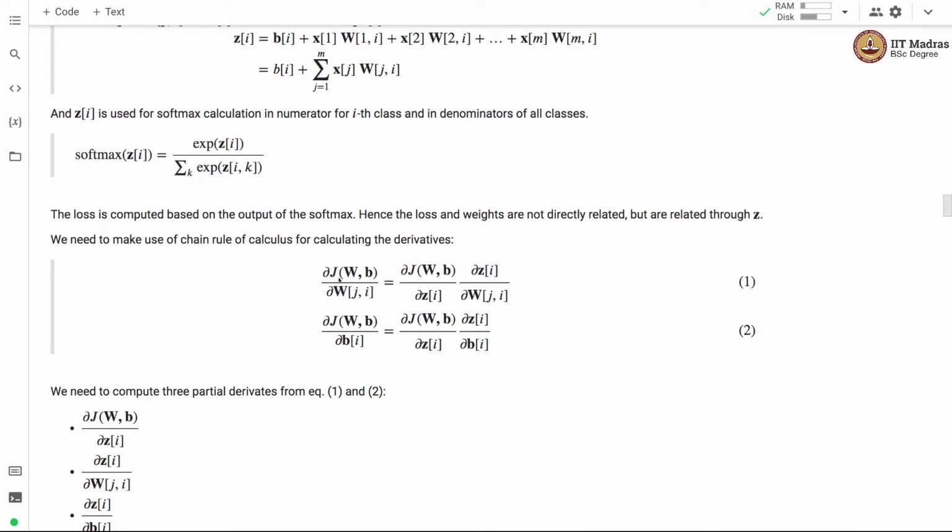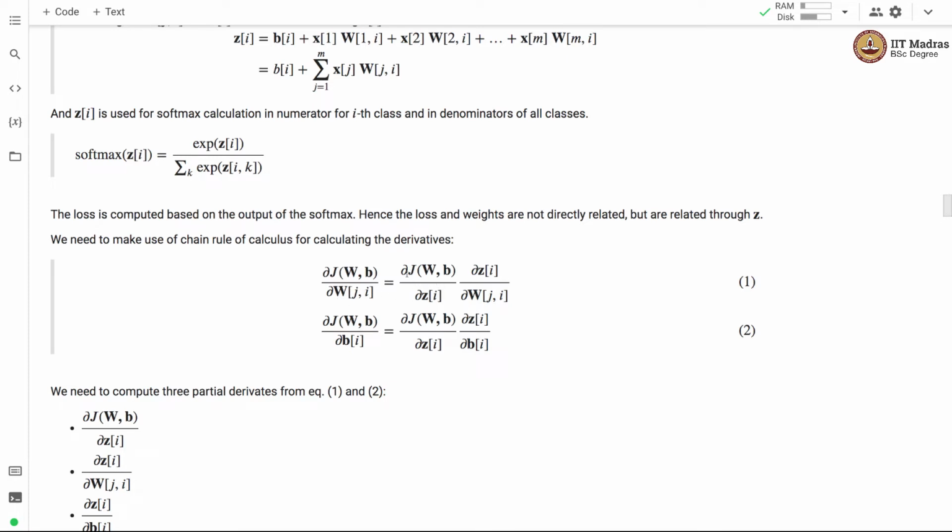In order to calculate the partial derivative of loss with respect to the weight matrix, we'll first calculate the partial derivative of loss with respect to the linear combination, and then the partial derivative of the linear combination with respect to the weight. So here we are calculating the partial derivative with respect to w j comma i, which is one single weight in the weight matrix.